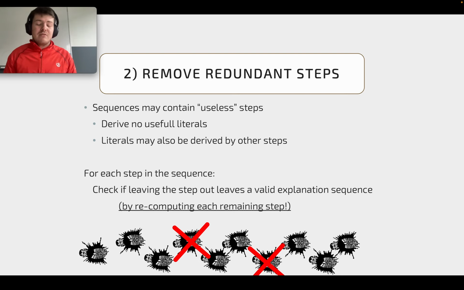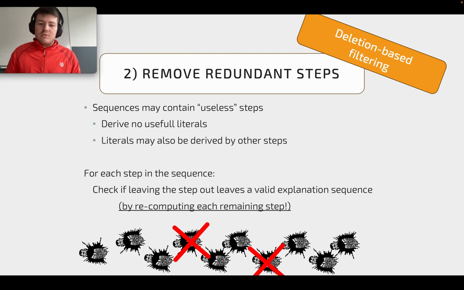By valid, I mean if I now recompute each of the steps, can I still derive the goal that I want to explain? This is very expensive, because we need to compute each remaining step, but it will ensure that we don't have any redundant steps in our resulting sequence. I will show you later in experiments that this is definitely a needed ingredient in our approach.